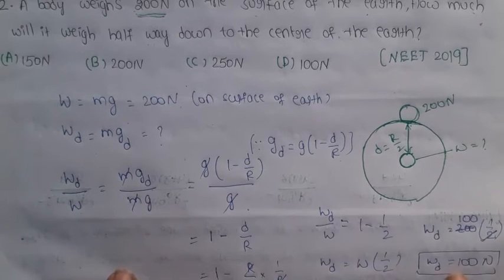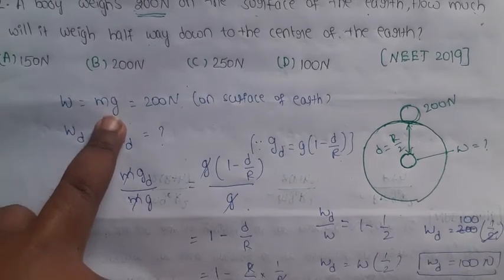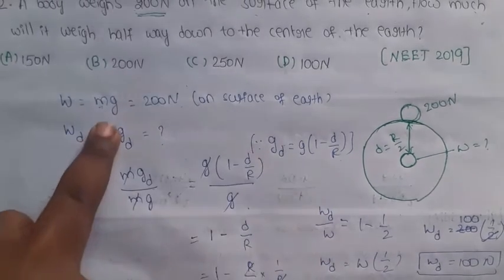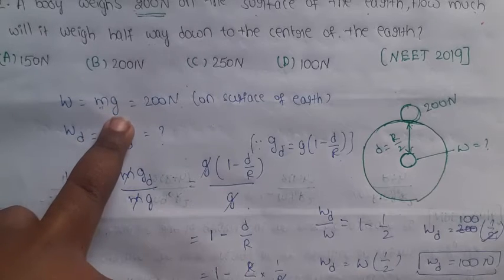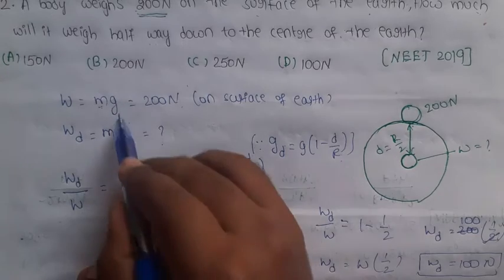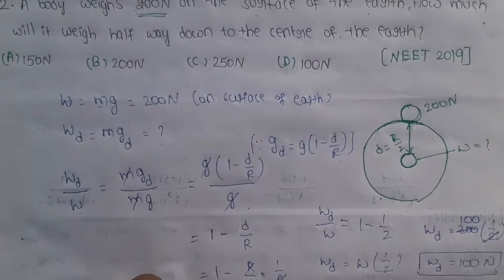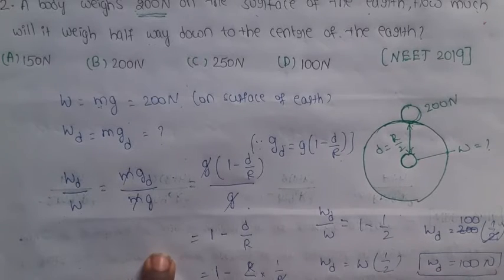Why? Because the weight decreases. The weight formula is W equal to mg. Here mass remains constant, but gravity changes. If the place of the object changes, the gravity value changes. That's why the weight of the object decreases, that is 100 Newton.